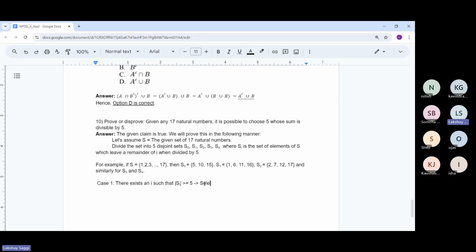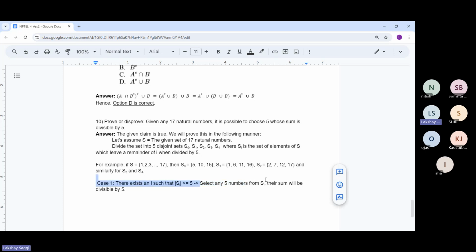So what I claim is, if there exists an i such that Si has size greater than or equal to 5, select any 5 numbers from Si. Their sum will be divisible by 5. Do you see why this will be the case?